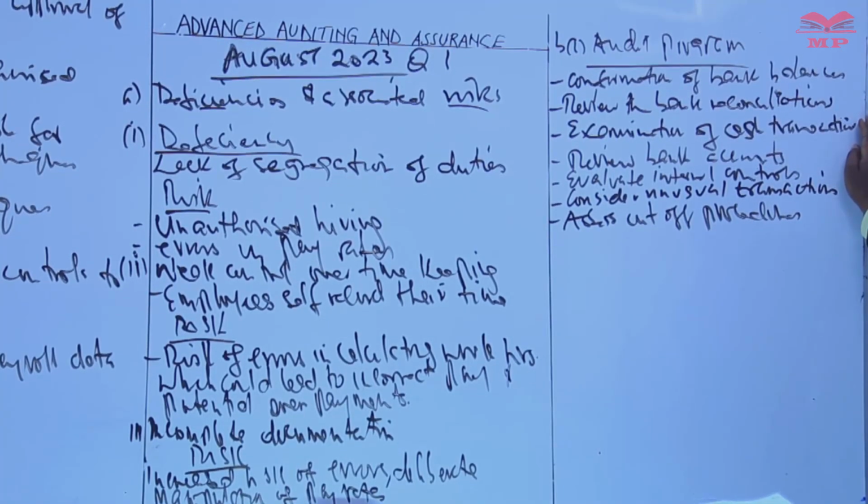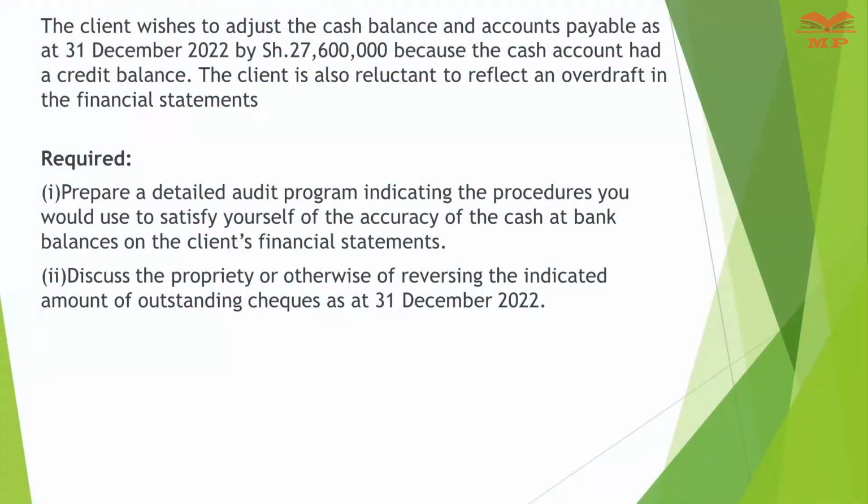Roman 2, discuss the propriety or otherwise of reversing the indicated amount of outstanding checks as at 31st December 2022. That's what we read in the third paragraph. The client wishes to adjust the cash balance and accounts payable as at 31st December 2022 by 27.6 million.